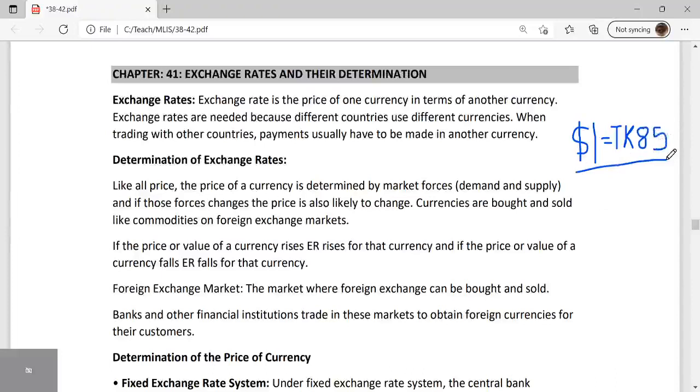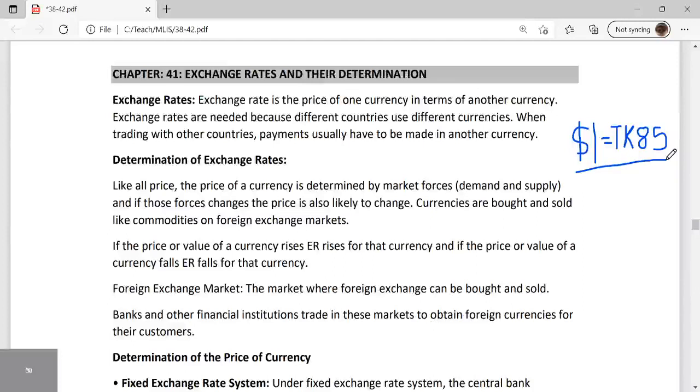Exchange rates are needed because different countries use different currencies. When trading with other countries, payments usually have to be made in another currency. Suppose you are moving to USA, and over there if you spend in terms of taka, it's not possible, right? If you go to the shops, you must pay in dollars, because when you're purchasing in that country, you have to do it in their currency.